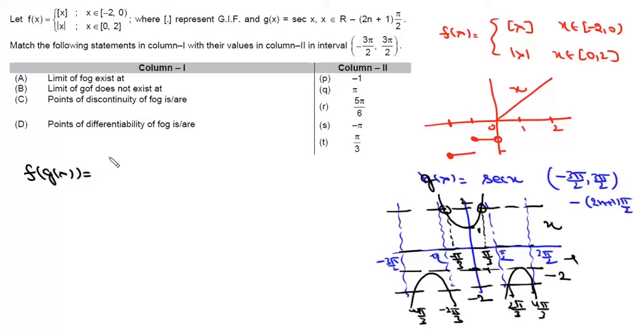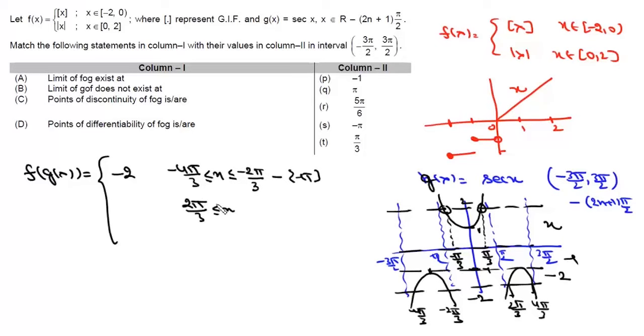So we can write f of g(x) as -2 when x lies from -4 pi by 3 to -2 pi by 3, except at minus pi, and from 2 pi by 3 to 4 pi by 3 except pi.